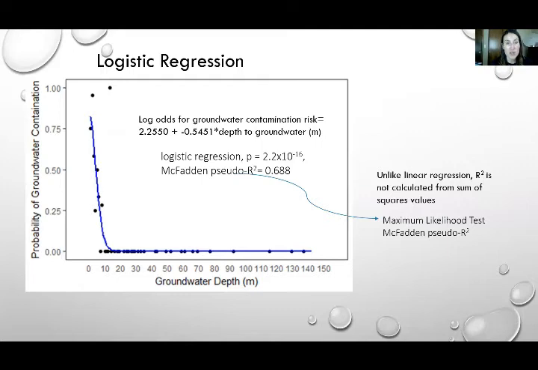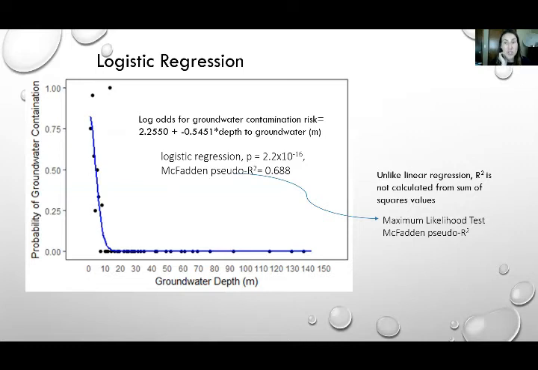Like we said, the log odds for groundwater contamination risk are 2.3 plus negative 0.55 times the depth to groundwater. And we had found, as I showed you from the ANOVA results, a statistically significant equation overall to express this relationship.